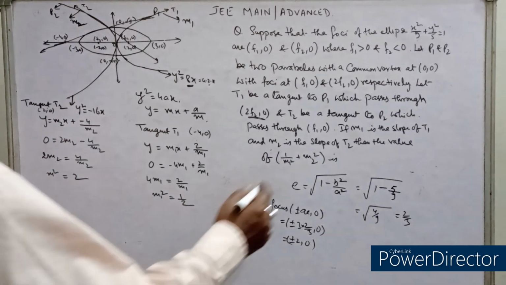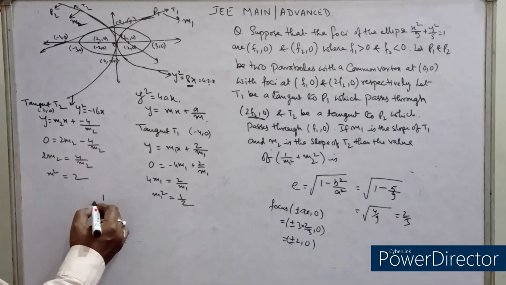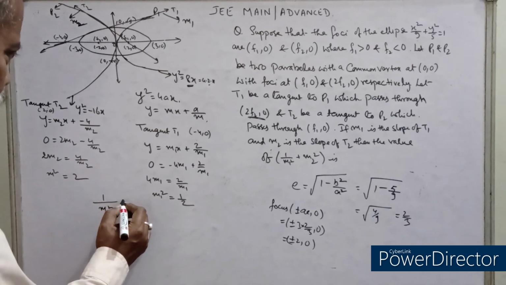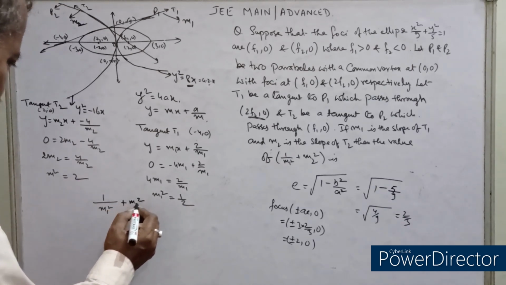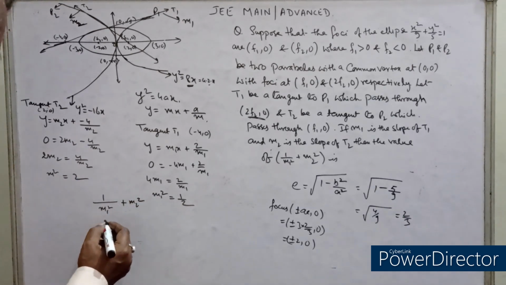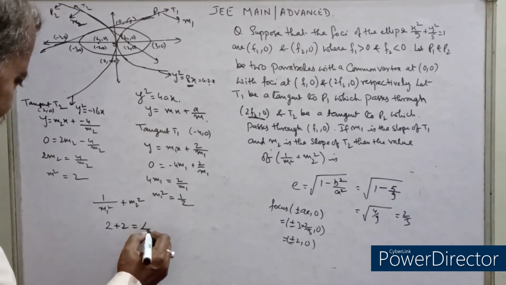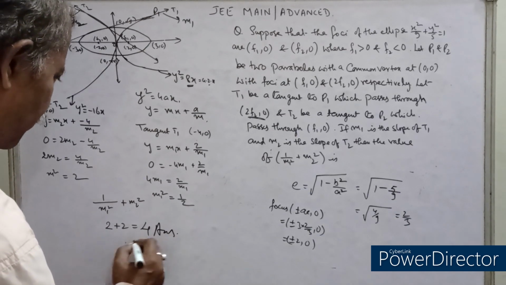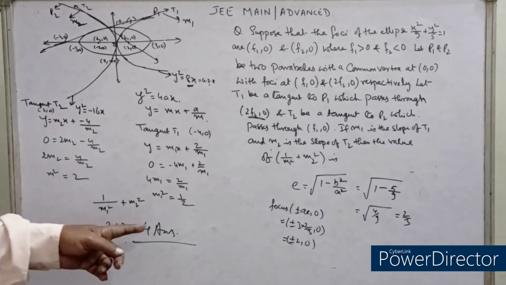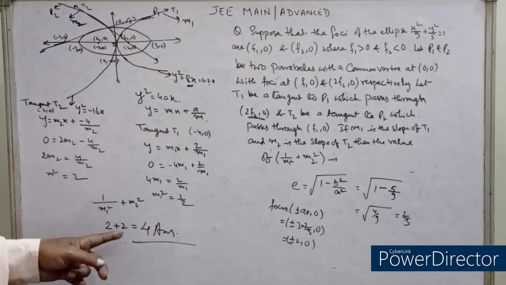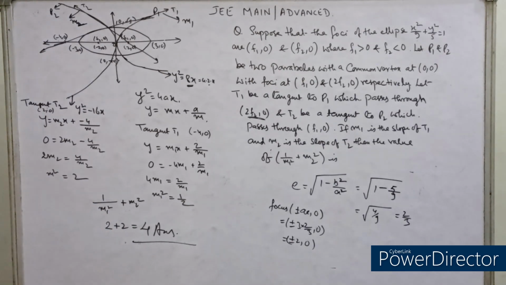So now your value of 1 by m1 square plus m2 square, so 1 by m1 square, this will be 2 plus 2. So your answer comes out to be 4. So this is your ultimate answer.